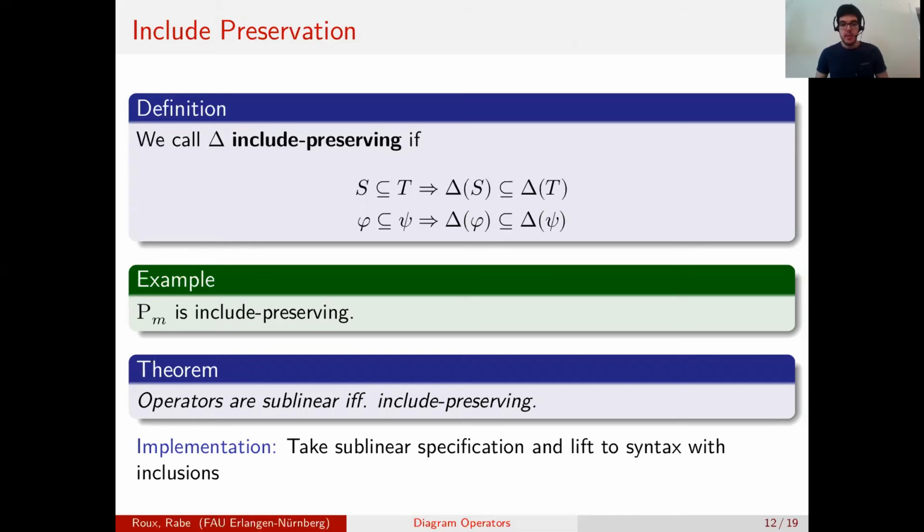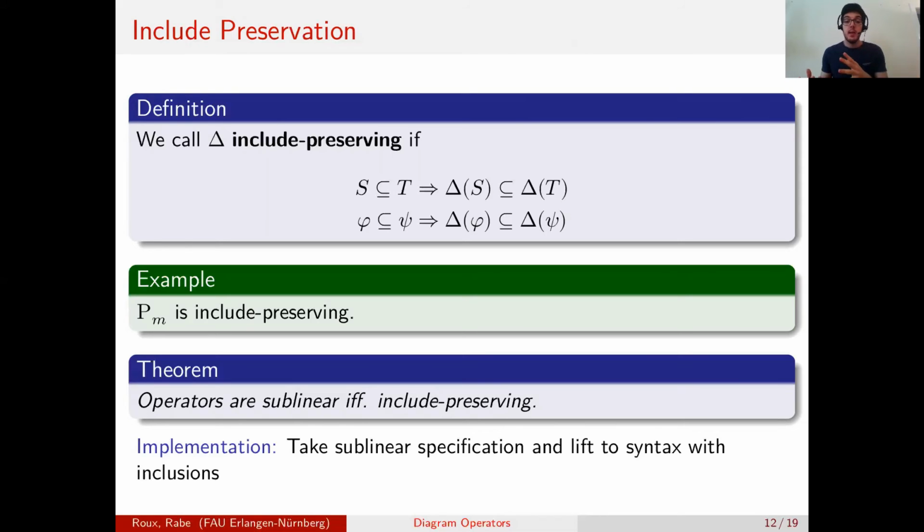But the significance for the implementation: include preservation does not help us with specifying an operator. And neither does it help us to implement run because it's very abstract. It doesn't say what the operator actually does, but sublinearity does.